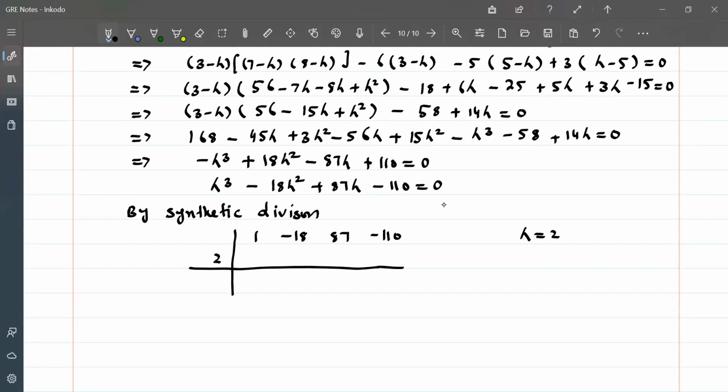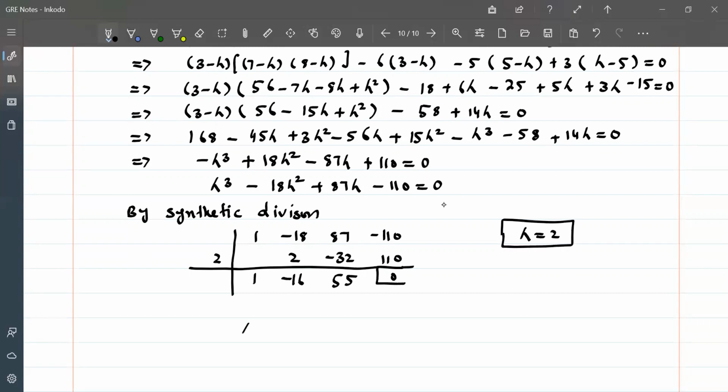It means that 2 is the first root of the equation. So 2 ones are 2, so I get minus 16. 16 twos are minus 32, so I get here 55, and 55 twos are 110, which is equal to 0. So it means that lambda is equal to 2 is the first root of this equation.